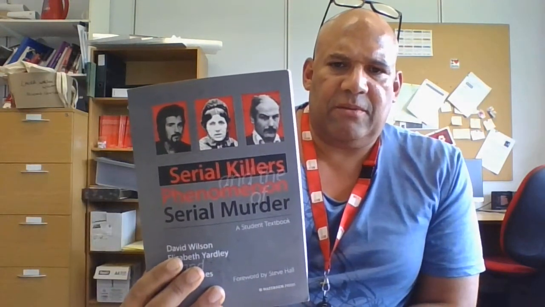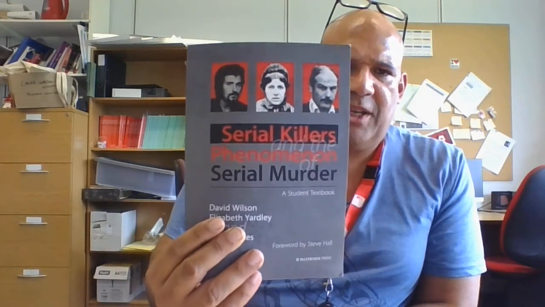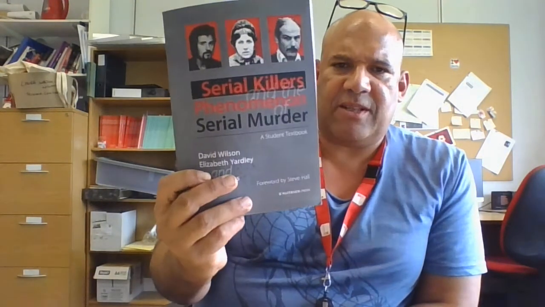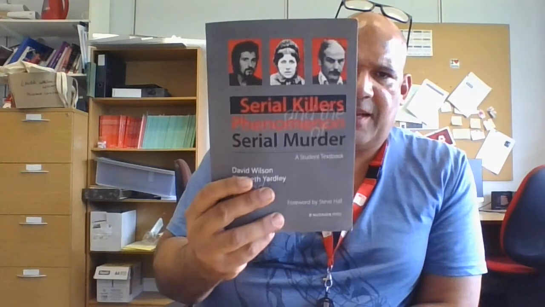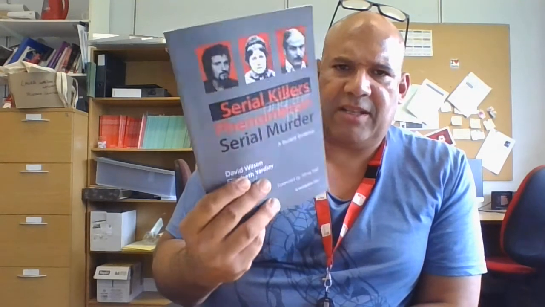The set book for this module is one you need to purchase. It's called Serial Killers and the Phenomenon of Serial Murder, a student textbook by David Wilson, Elizabeth Yardley, and Adam Lines. It's a small textbook, not overly cumbersome, and that's the set reading book you need.